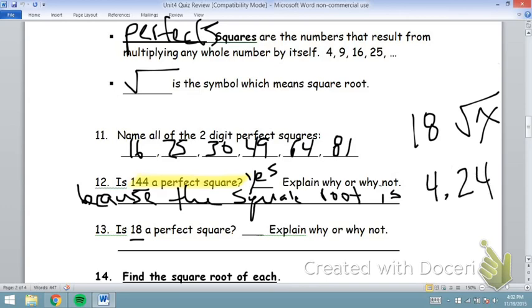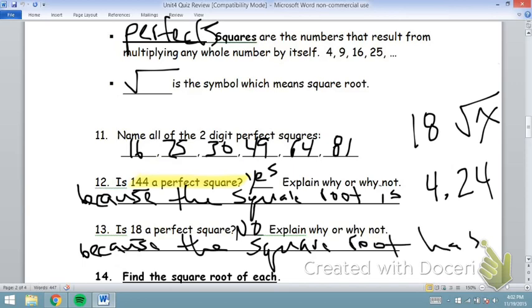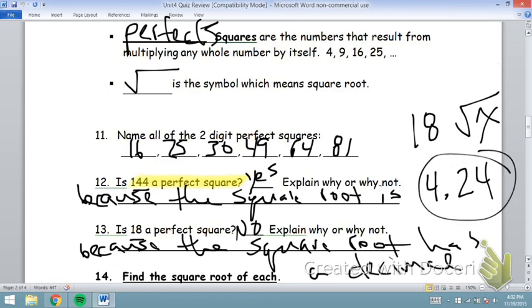Since that answer contains a decimal, you would say no. 18 is not a perfect square because the square root has a decimal, or it is not a whole number. This would be the square root of 18. Okay.